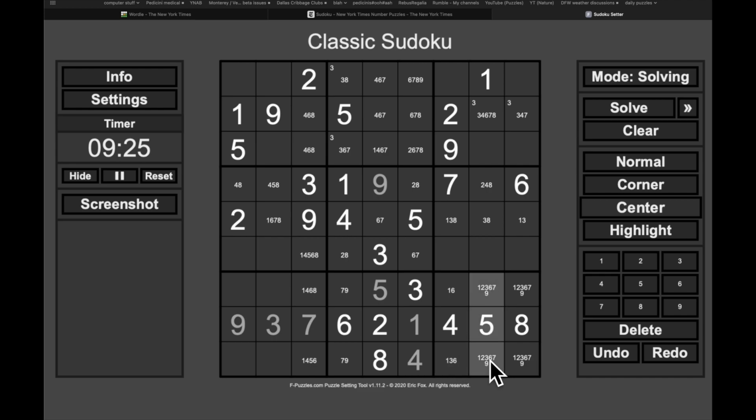Let's see. Okay, these cells are not 3. These cells are not 1. These are not 6.